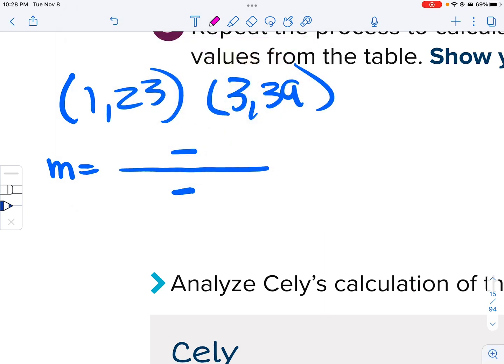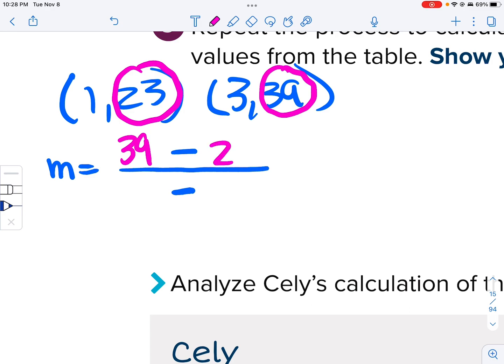This is a y value and this is a y value. I want to do 39 first and then 23. Why did I do the 39 minus the 23? So that it would come out to be positive. Then I'm going to take the x values and subtract those. Since I started with 39, I need to start with 3 minus 1.